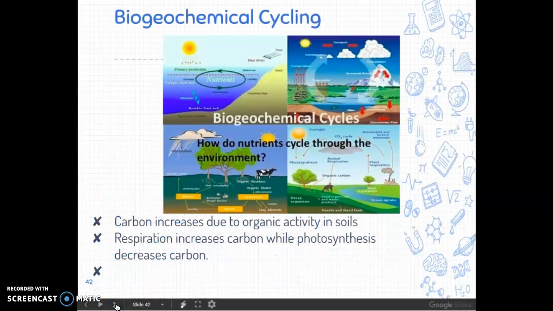So looking at biogeochemical cycles, we're thinking about specific elements, nutrients that are required for living things. The main three that we focus on are carbon and its interaction with nitrogen, and phosphorus and nitrogen.